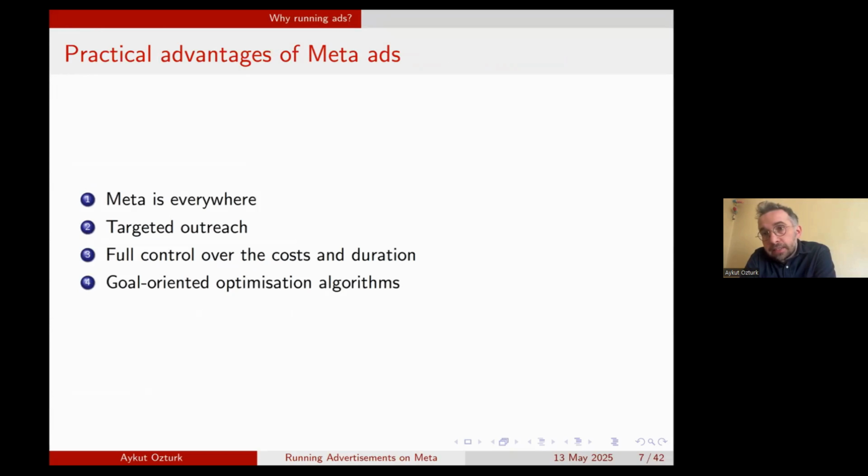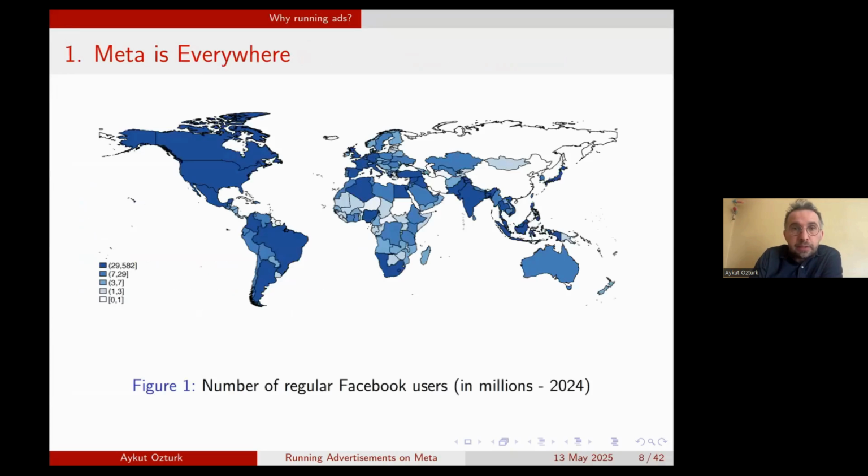Why Meta ads, and why would you consider running your own ads yourself? One major thing, of course, is that having the skills to use Meta to create advertisements on Facebook and Instagram gives you the opportunity to reach billions of people worldwide. If we look at the maps, what you see is that, apart from a couple of countries, that is Russia, China, and some African countries, all countries in the world have millions of Facebook and Instagram users.